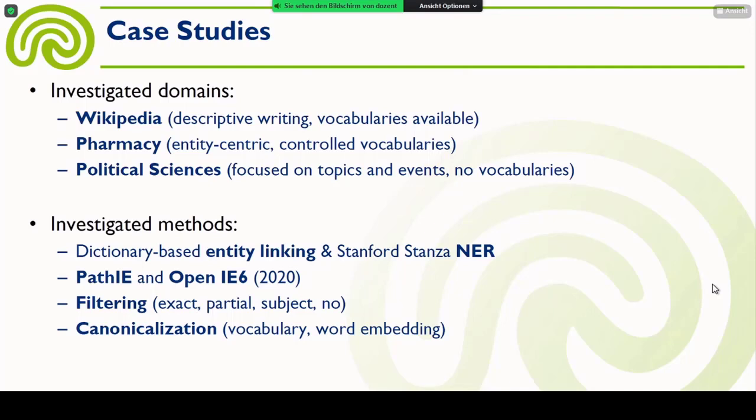The main challenge there is that it's basically focused on topics and events, and you likely do not have good vocabularies available. So how far can we go in such a domain? We tried different methods: entity detection methods, extraction methods, and cleaning methods.